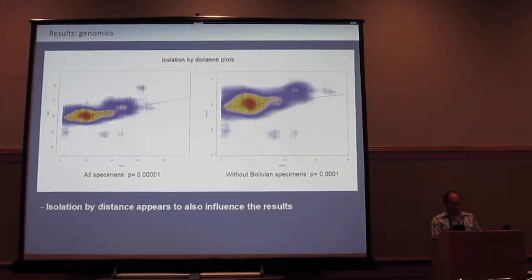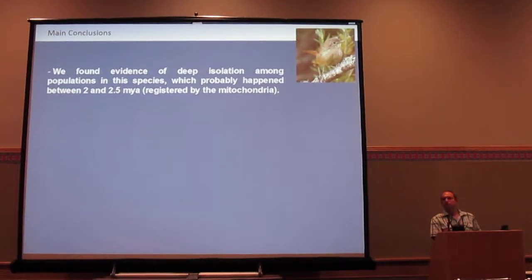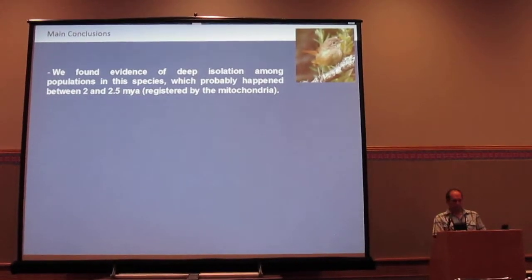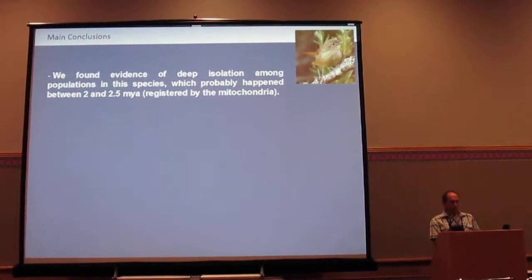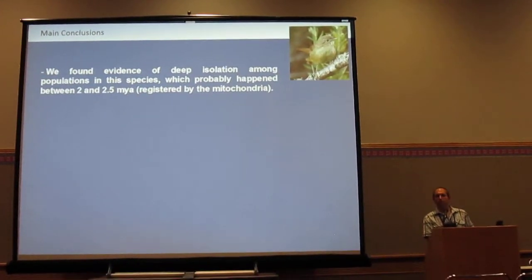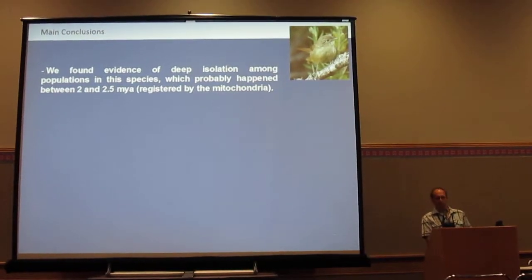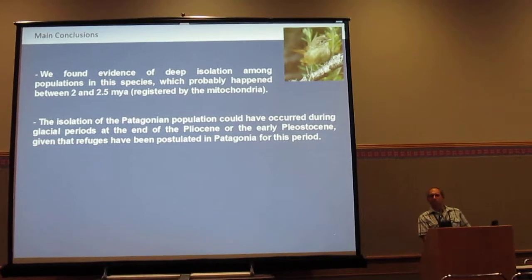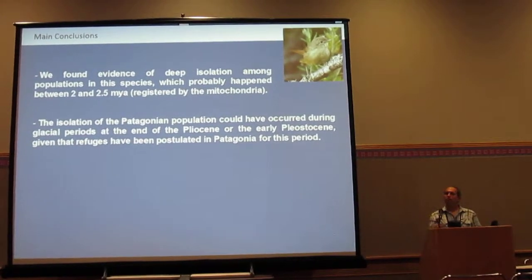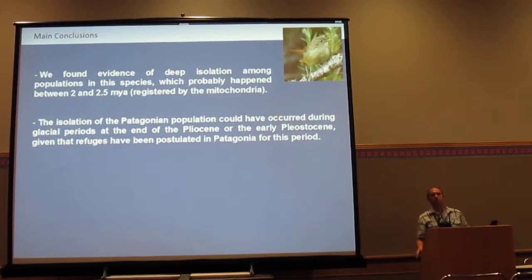So to wrap it up, what we found is that there's evidence of a deep isolation among populations in this species that probably happened between 2 and 2.5 million years ago, based on the divergence that we found in the mitochondria. It's interesting that this isolation in Patagonian populations could have occurred as a consequence of glaciations.